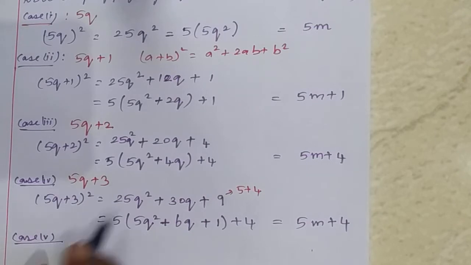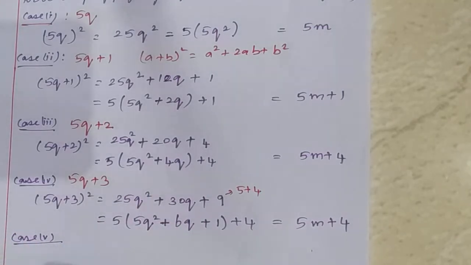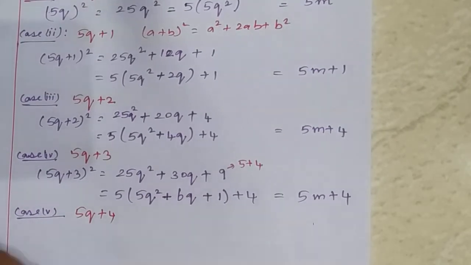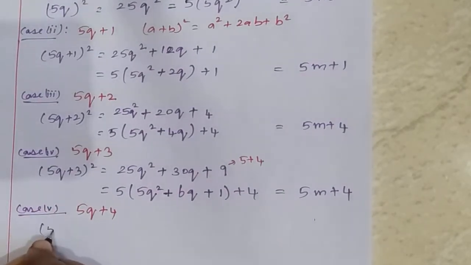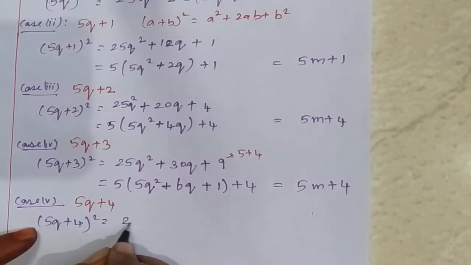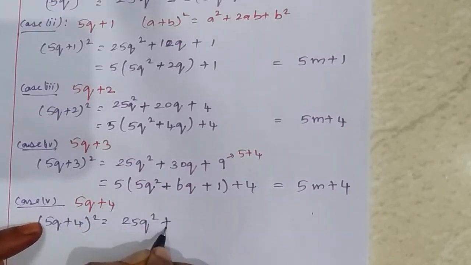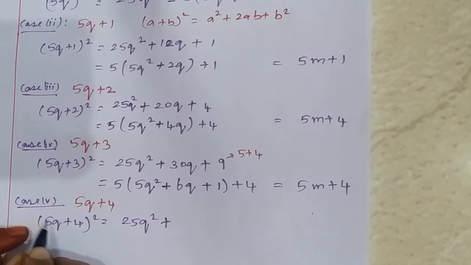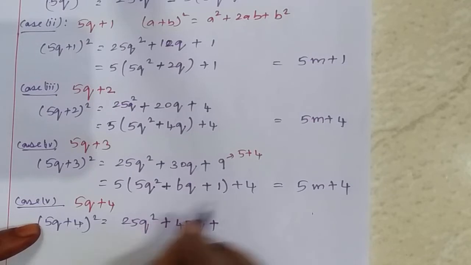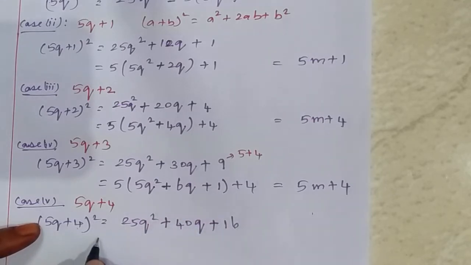Case 5. Here the number will be 5q plus 4. We are going to apply the square to this number, 5q plus 4 the whole square. So it is 25q square plus 2 into 5 into 4, which is 40q, plus 4 times 4, which is 16.